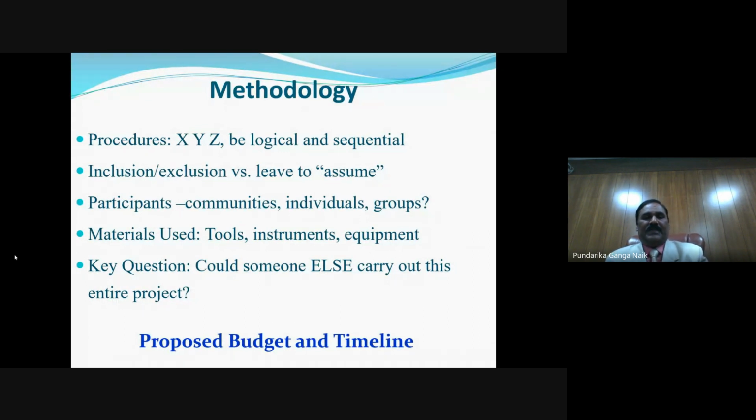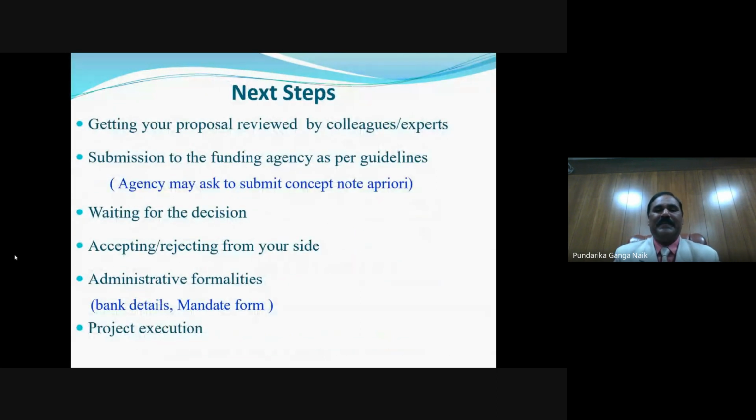And you can have key questions like, could someone else carry out this entire project, which is very important. You have to convince the evaluator that you are the only person who can execute this project, not anyone else. In such a manner, you need to provide clarity for the evaluator.